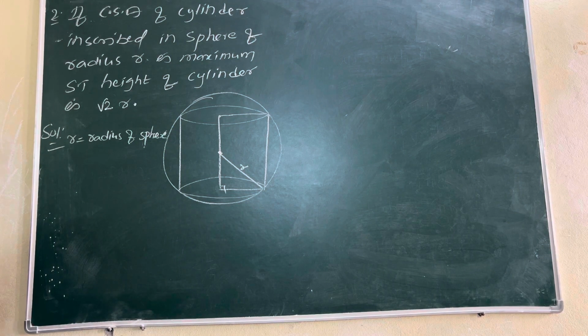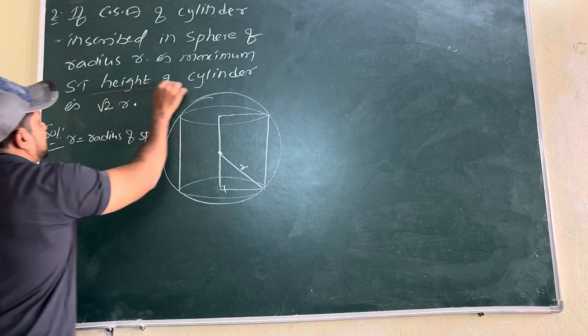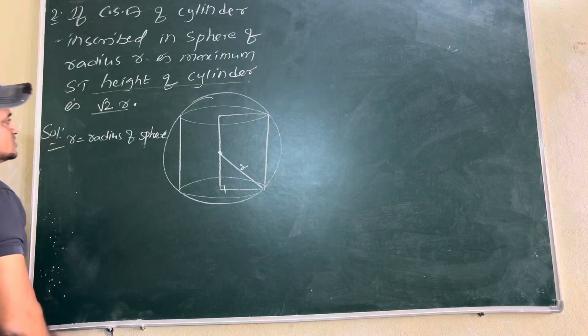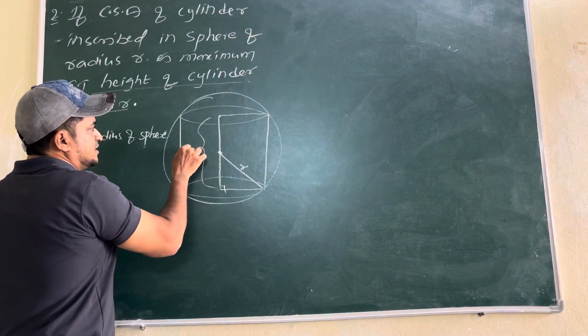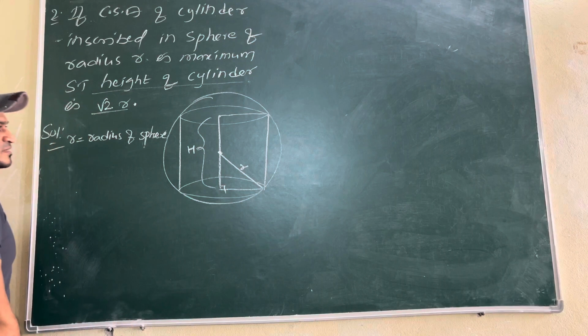Then show that the height of the cylinder is this one. So first, whatever we have to show, you have to consider in terms of x. Height of cylinder is x.